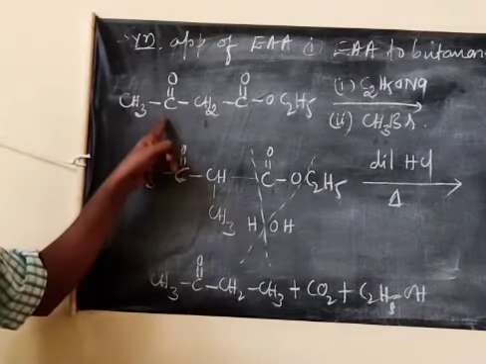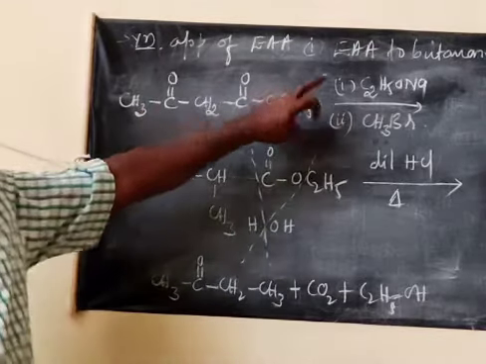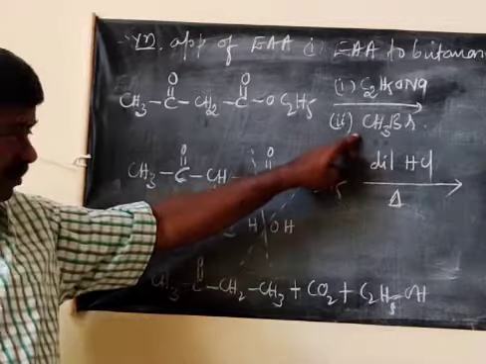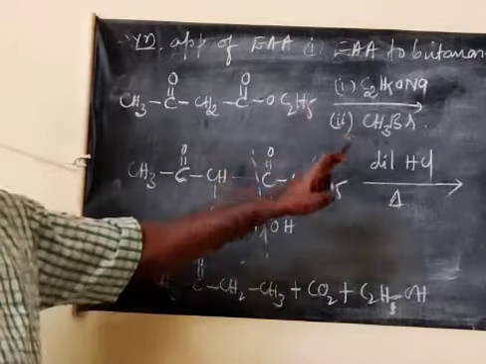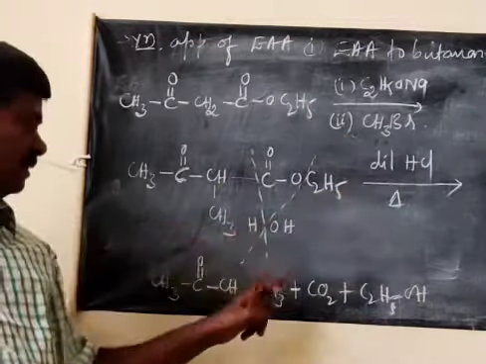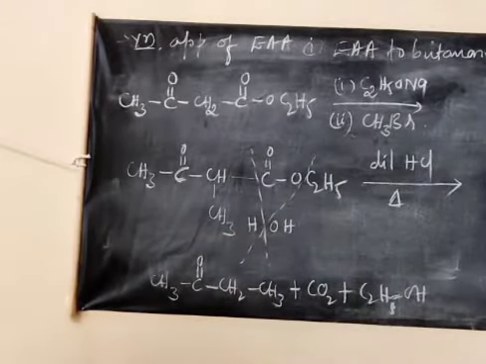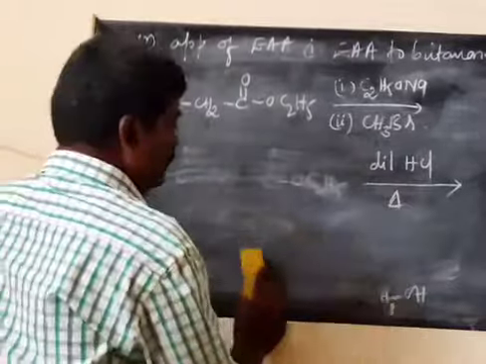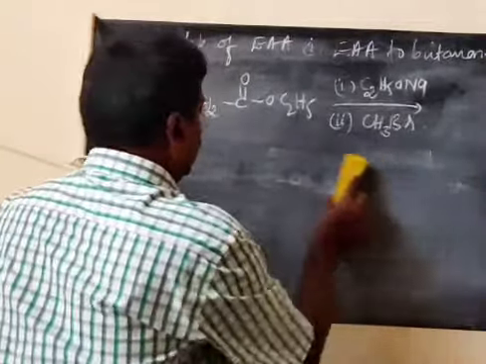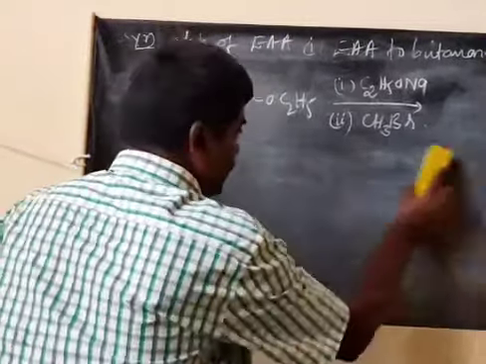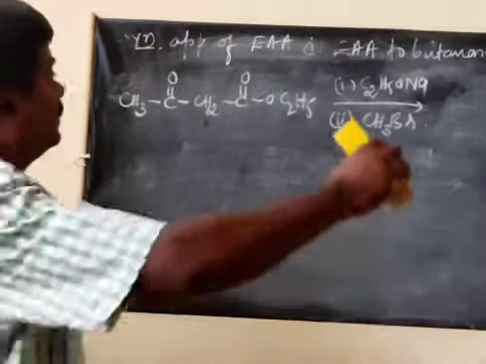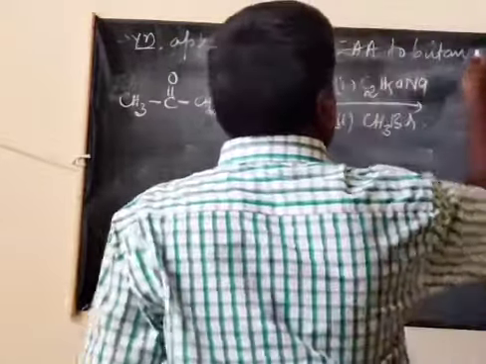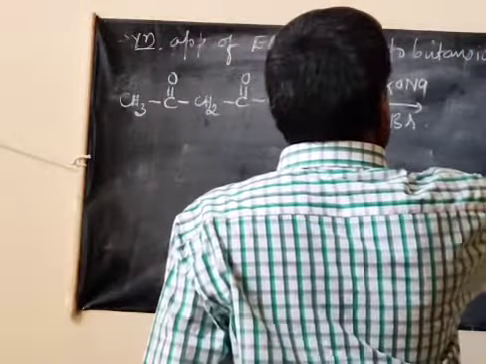This is the reaction: ethyl acetoacetate is treated with sodium methoxide followed by methyl bromide, and on ketonic hydrolysis gives the ketone. So the next conversion is ethyl acetoacetate to butanoic acid.